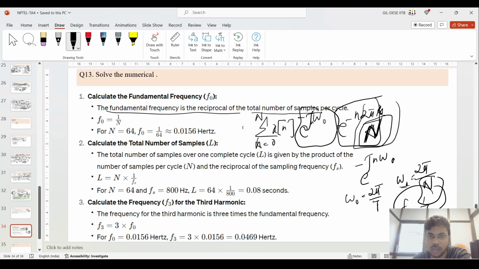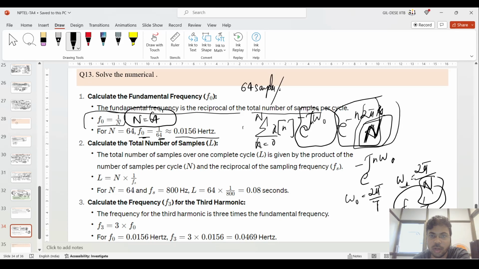To calculate the fundamental frequency, you must see this e to the power term. From that you will get the number of samples and f naught, the fundamental frequency. That fundamental frequency will be 1 upon N, the inverse of the total number of samples. Here in the question, N is equal to 64 is given, meaning 64 samples per cycle. So f naught will be 1 by 64, that is 0.0156.